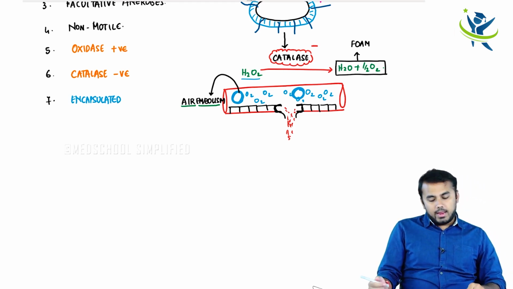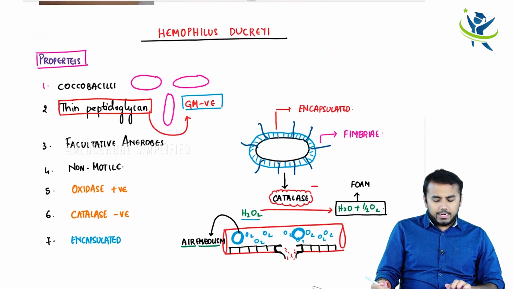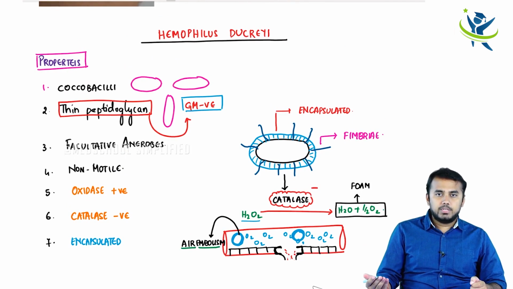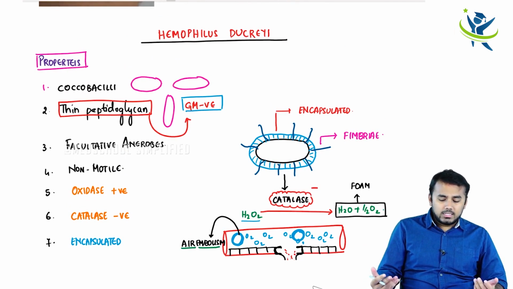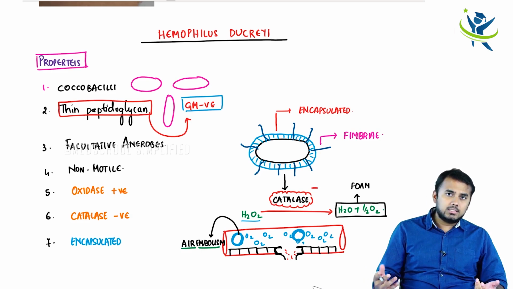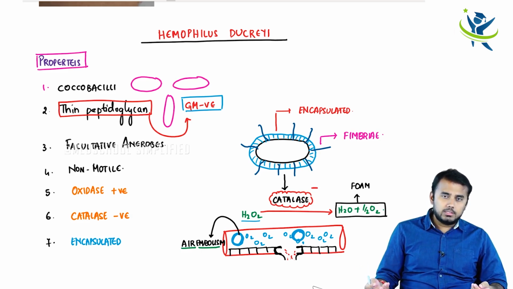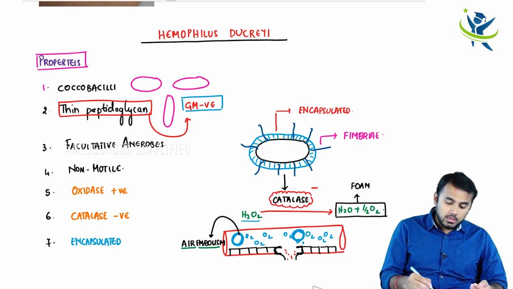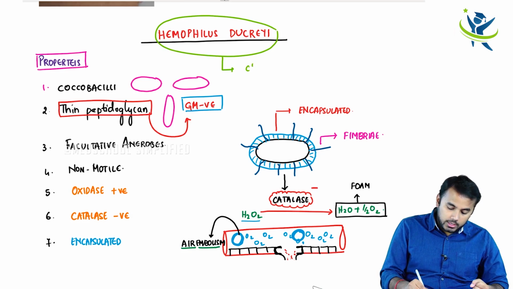Encapsulated bacteria. And all of you should know one thing, that I told you Hemophilus ducreyi causes a sexually transmitted disease, right? How am I telling that it causes a sexually transmitted disease? Patients who are infected with this Hemophilus ducreyi will have painful ulcers on their body, and these painful ulcers on their body are called chancroid.